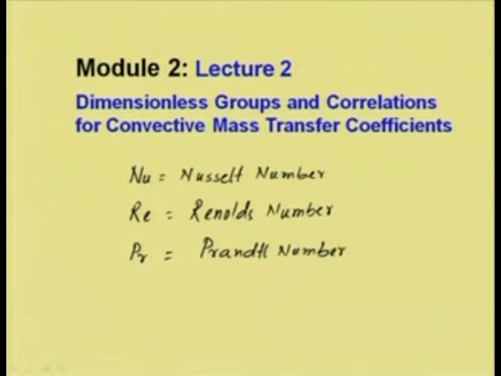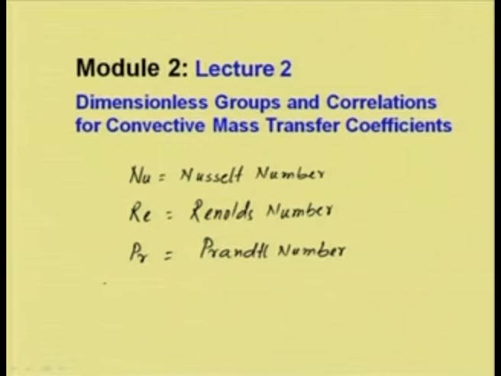For experimentally obtained data under forced convection in heat transfer, the Nusselt number can be related as a function of Reynolds number and Prandtl number.